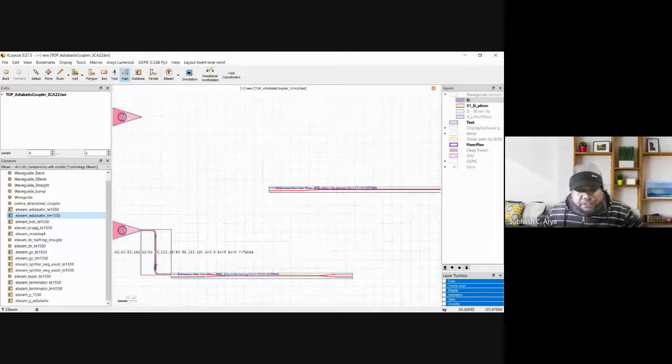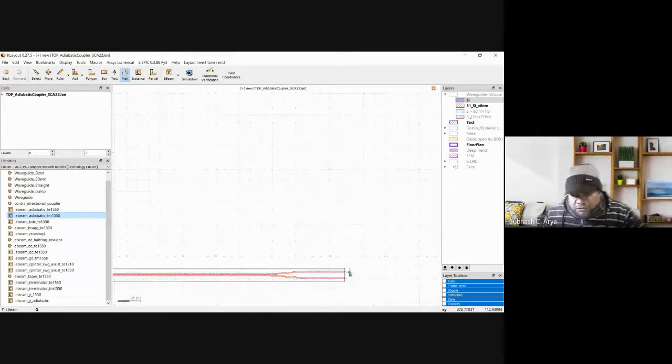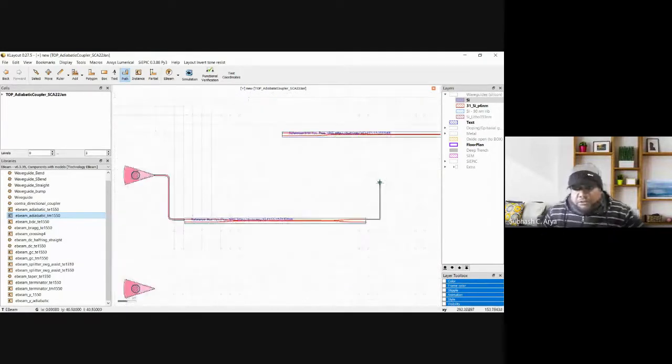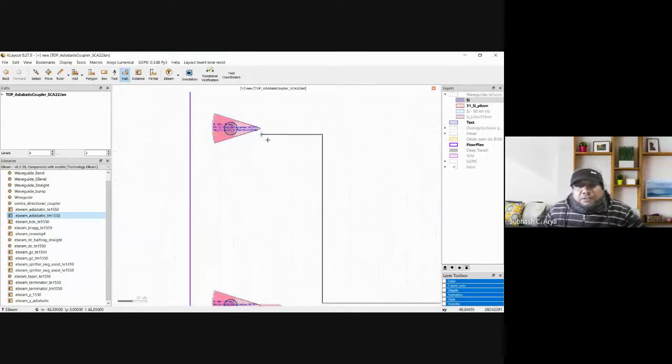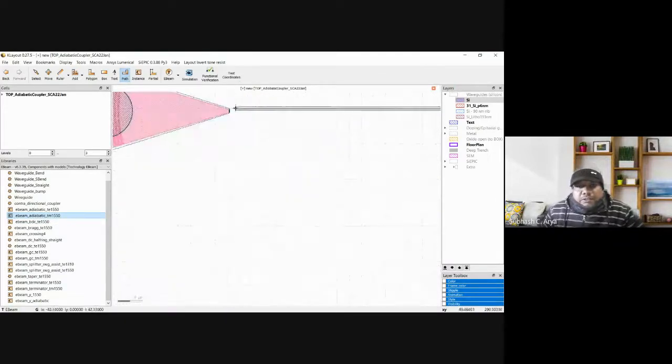So from here I will give input light, and now further, the output I will connect from here, go up to here, this side. I will connect to this grating coupler.